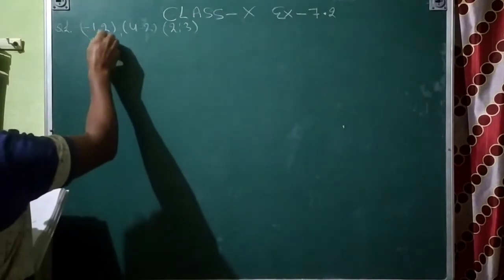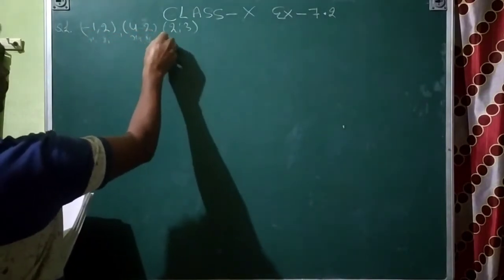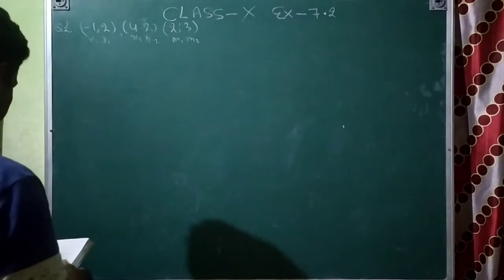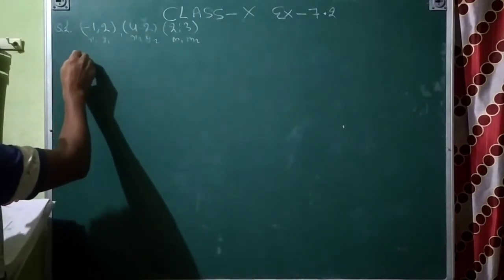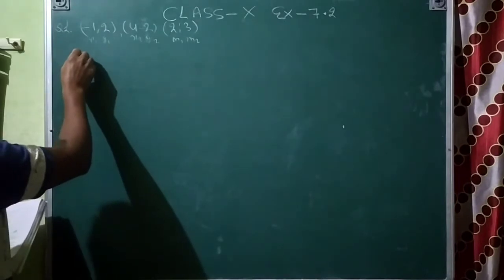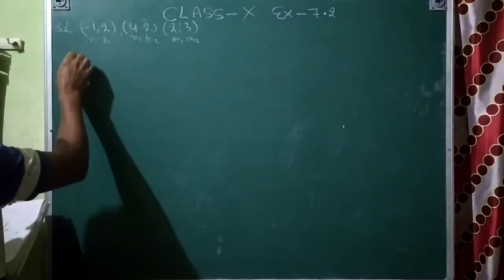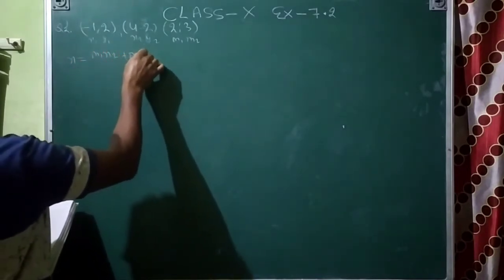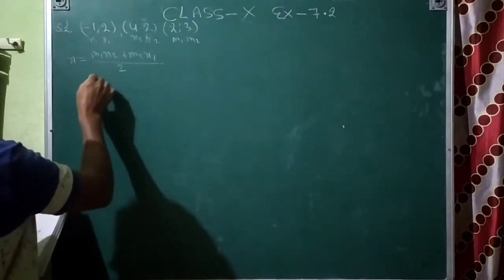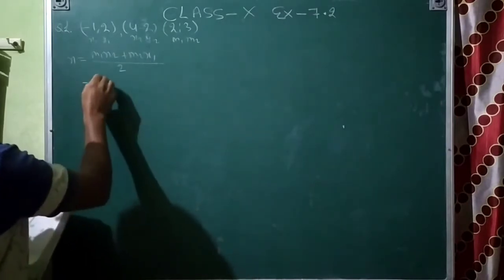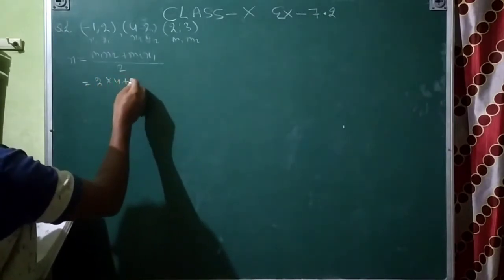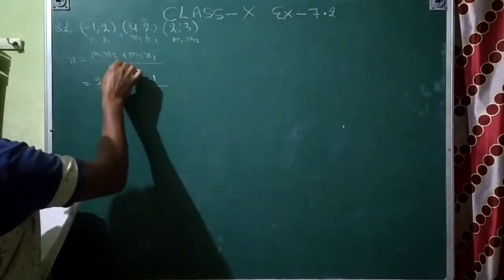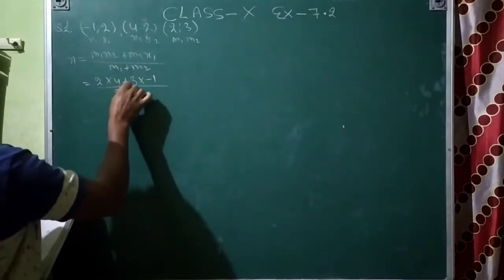So this is x1, y1, x2, y2, and m1, m2, or you can write m and n. The section formula: x is equal to (m1 x2 plus m2 x1) upon (m1 plus m2). That is 2 multiply 4 plus 3 multiply -1 upon 2 plus 3.